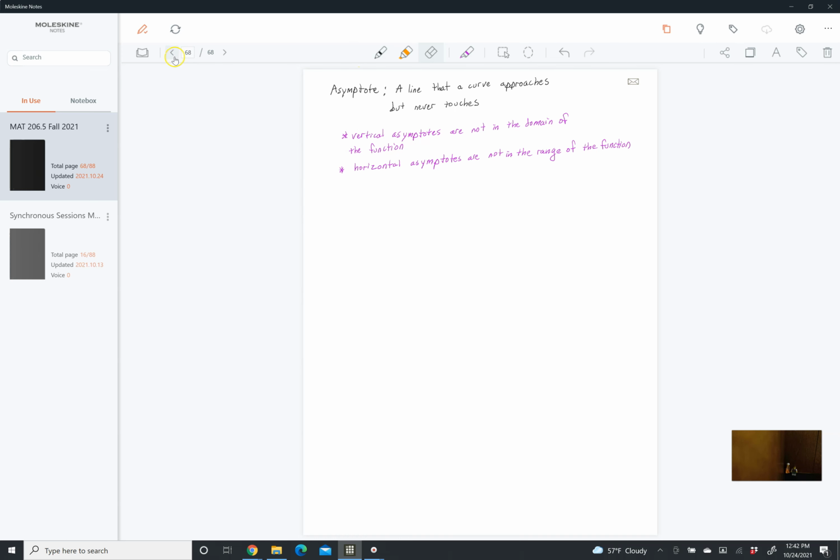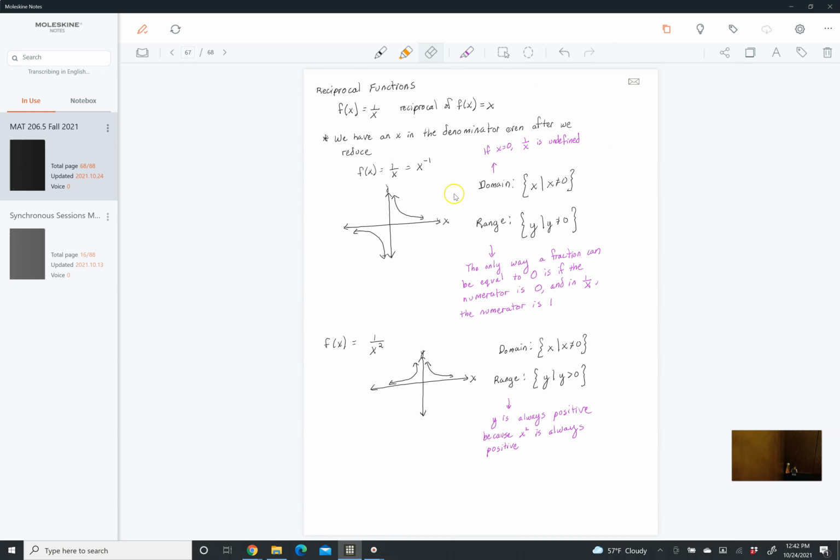So if we go back here for a second, a vertical asymptote here would be at x equals 0, and a horizontal asymptote would be at y equals 0. And that's actually true for f of x equals 1 over x squared as well, right? We get really close to x equals 0 and really close to y equals 0, but we never actually touch them.